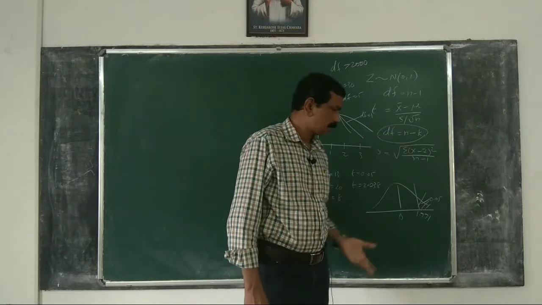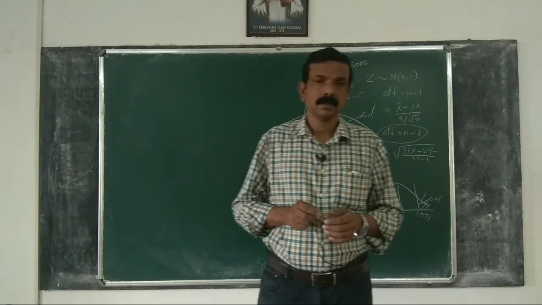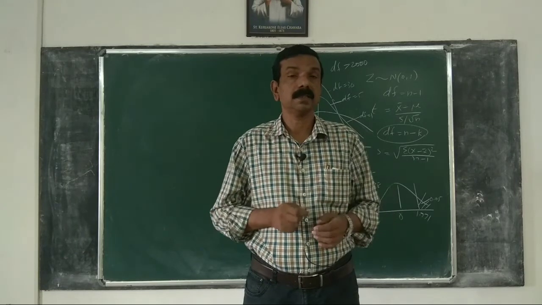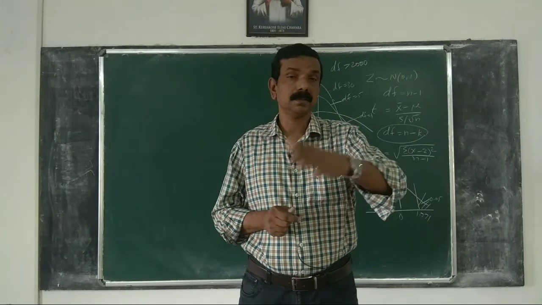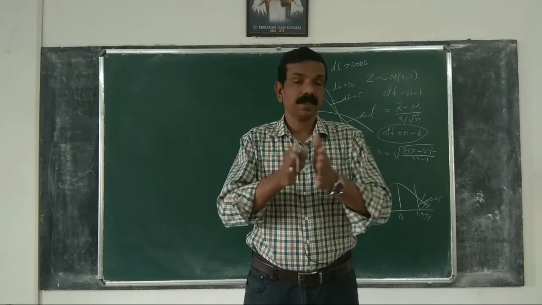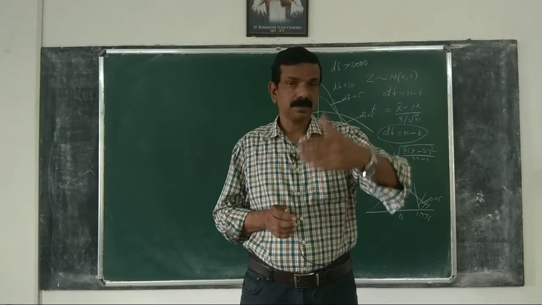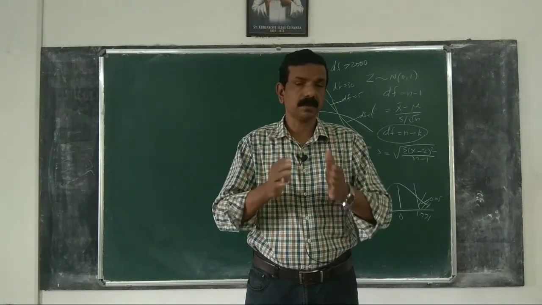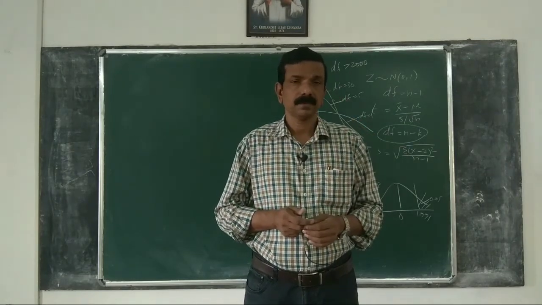But remember this: the t distribution is based on the assumption that the population standard deviation is unknown. So naturally it is better to use the t distribution if the population standard deviation is unknown, whether the sample size is small or large. If the population standard deviation is known, we can use the Z distribution.